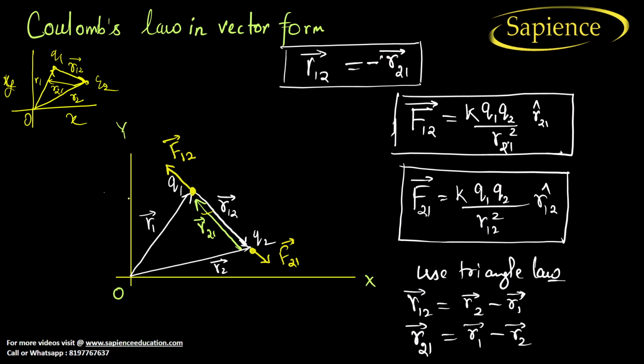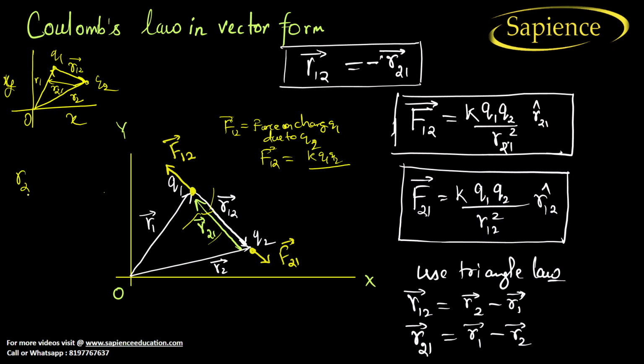Now, if you want to find the force on charge q1 due to q2, that is F12. The force will be K times q1 q2 divided by the distance squared.